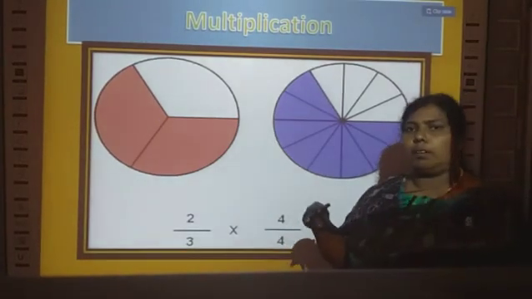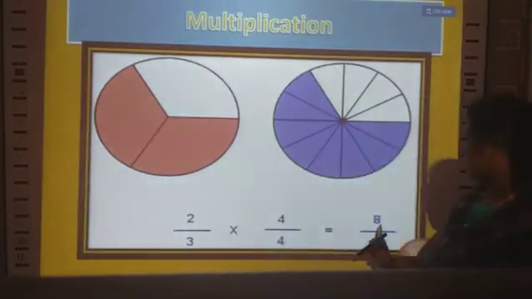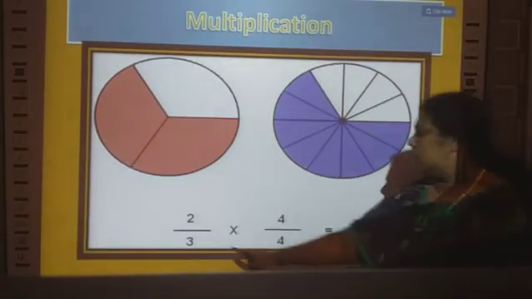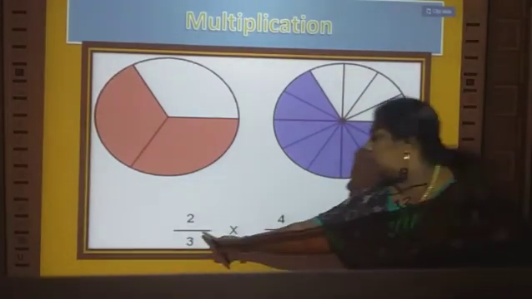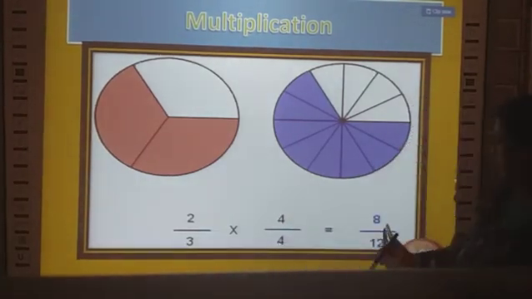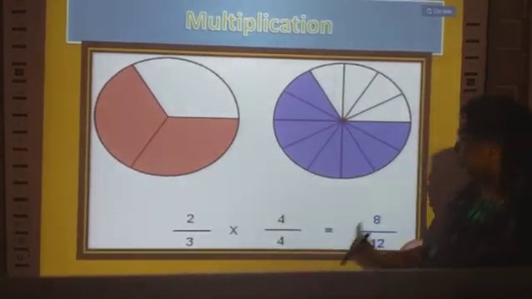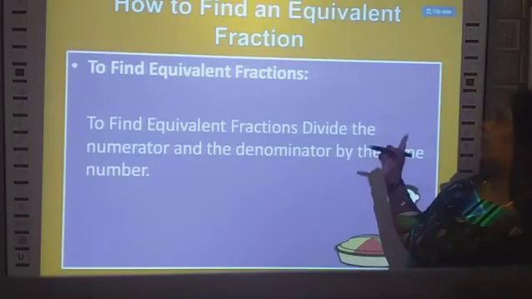We can use the second table also, the third table also. Here with the fourth table, 2 times 4 is 8. Then 3 times 4 is 12. So now these two fractions are equivalent fractions: 2 by 3 equals 8 by 12.